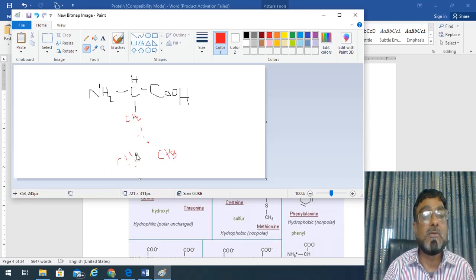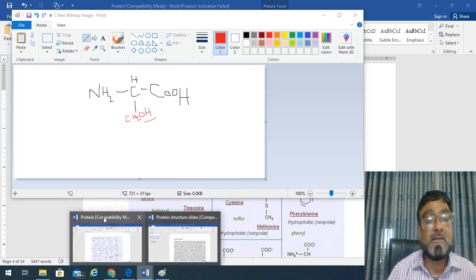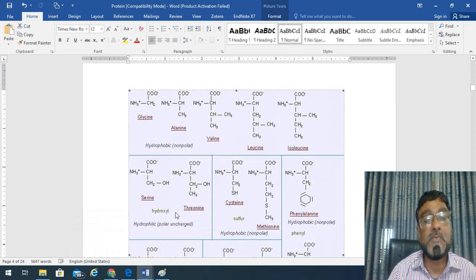So what are you doing? You will be adding CH2OH. This is the hydroxyl group. This is uncharged, but this is actually contributing the polarity, the hydroxyl group. So this is the serine.